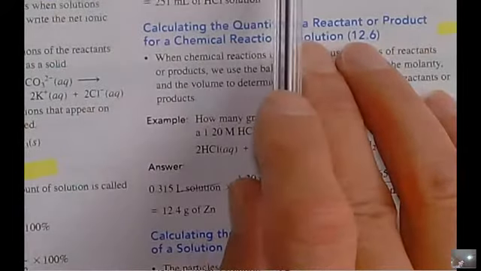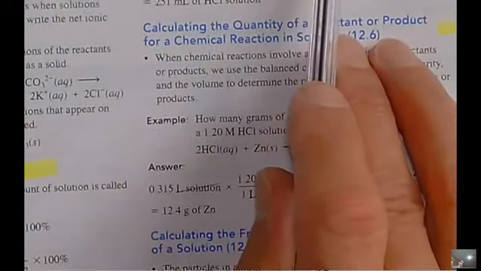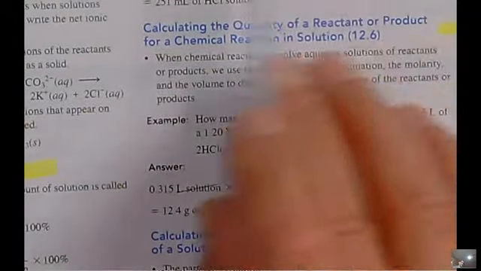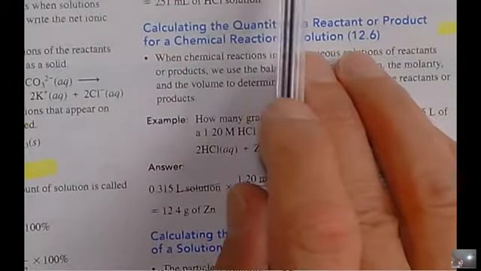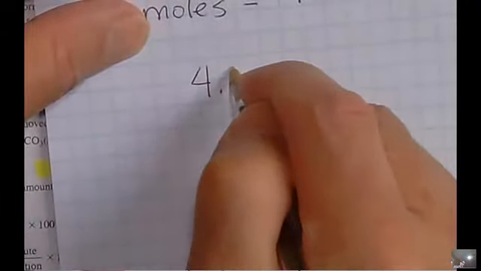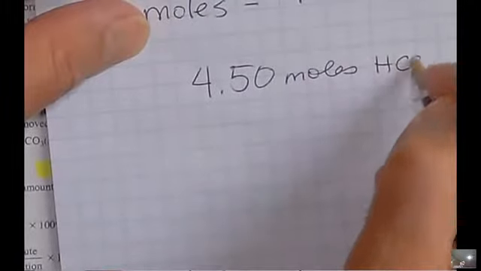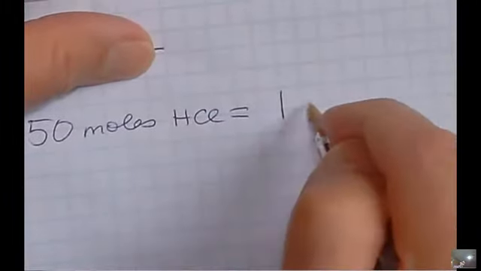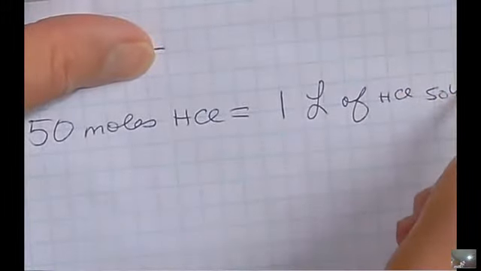For example, the concentration of a 4.5 molar HCl solution means there are 4.5 moles of HCl in every 1 liter of solution, right? So that's your conversion factor. In this case, 4.5 moles of HCl in every 1 liter of HCl solution.